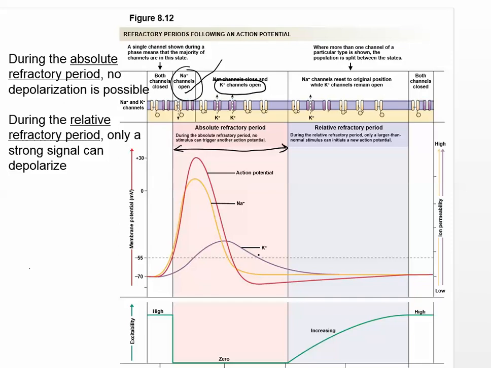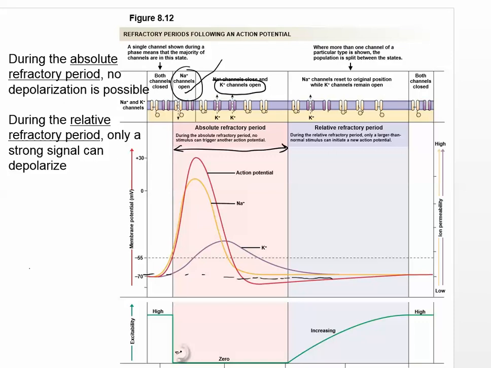But then after the sodium channel closes, the potassium channel closes, it starts to get back to normal resting membrane potential. That's what this red line is showing. It's back to about minus 70 again. So it's kind of getting back to normal. Then if you have a strong enough depolarization signal, you might be able to get it to go. And that's what this graph is showing.